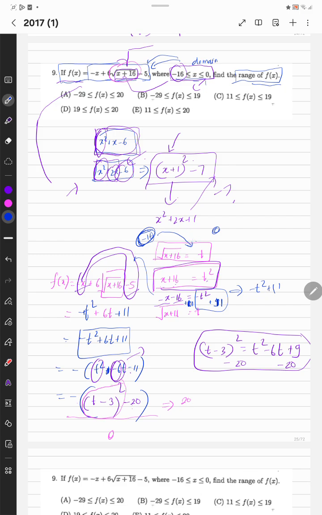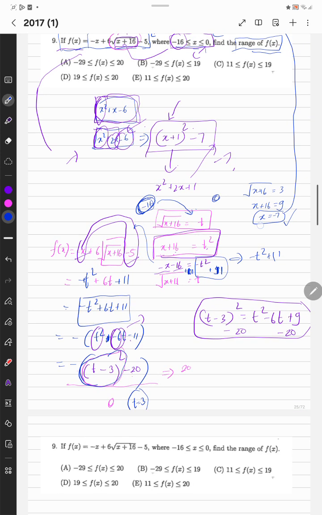But if we want to make this (t minus 3) whole square as 0, t should be equal to 3. So x plus 16 should be equal to 9. x should be equal to negative 7, which is very much in the range. So it's a very feasible value to plug in to get the output we need. So it's very valid. That's fine.